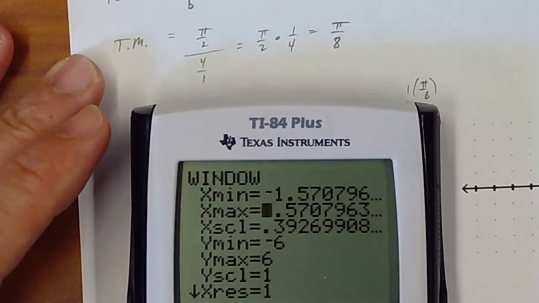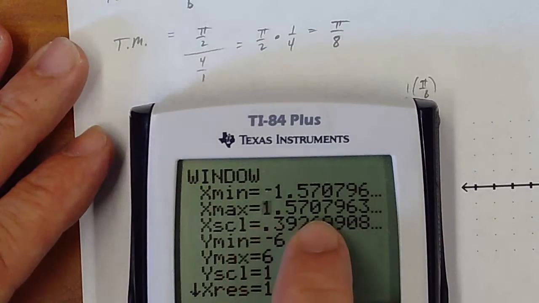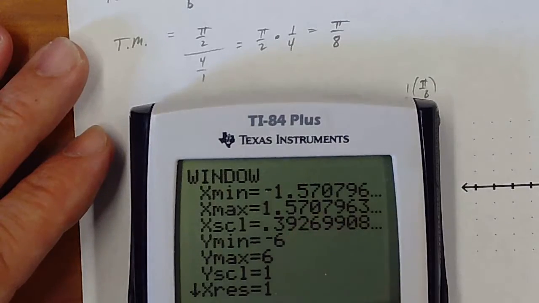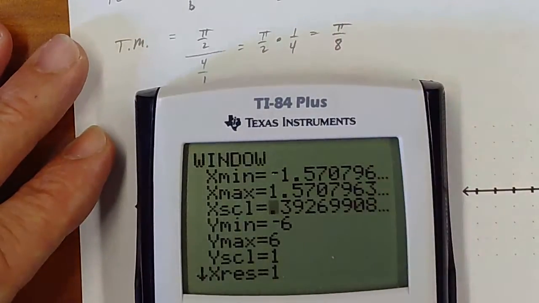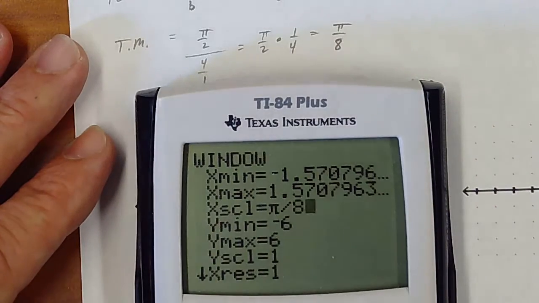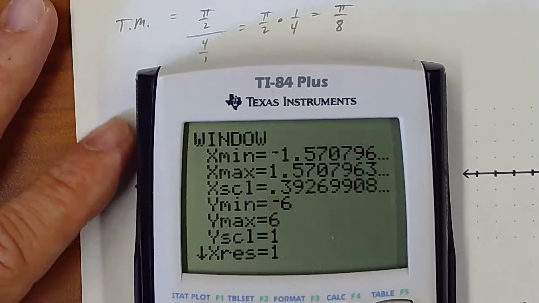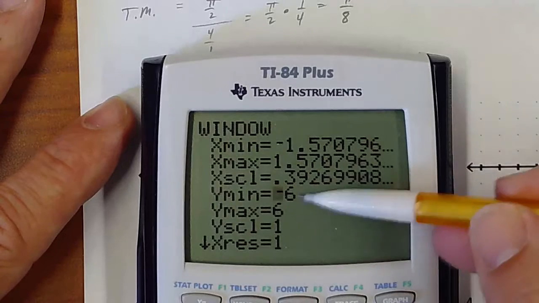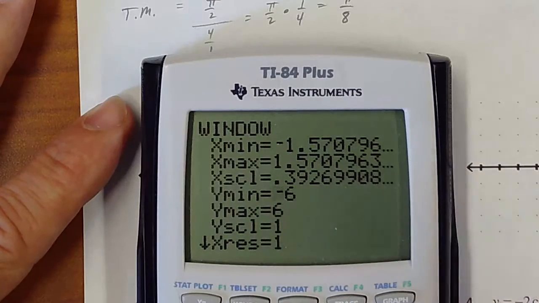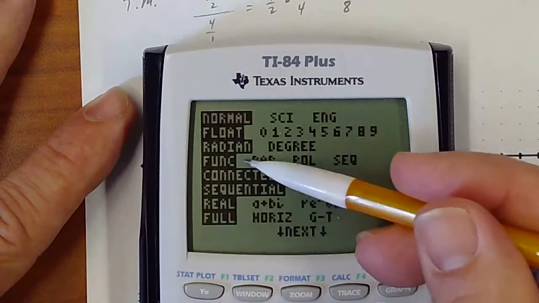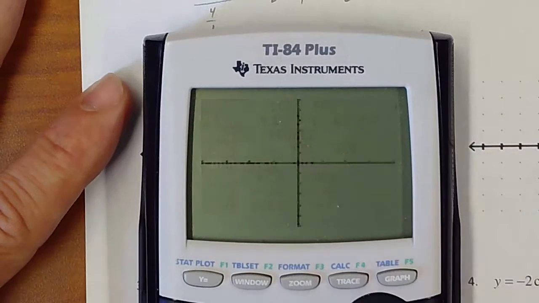There we go, there's the decimal form. X max, +pi/2. I already have that punched in there. And then the scale is pi/8. Then my Y min, Y max, I'm going to leave as it is right now, Y scale of 1. You might want to double check your mode to make sure you're still in radians. Mine is, so I'm ready to hit graph.